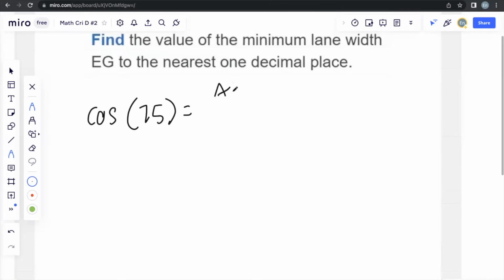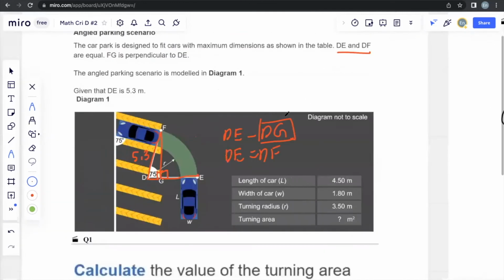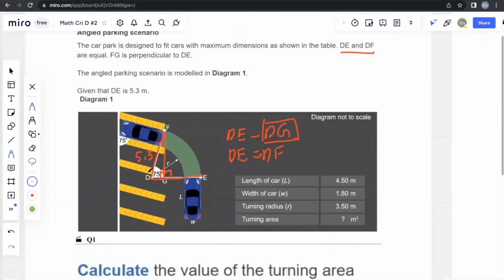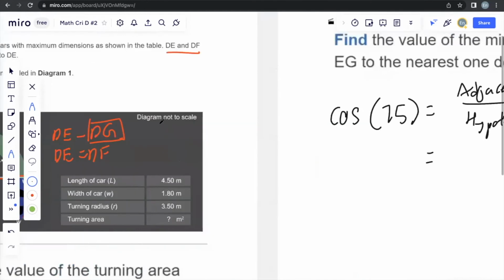the adjacent over the hypotenuse, in which the adjacent is DG, what we want to find, and the hypotenuse is 5.3.